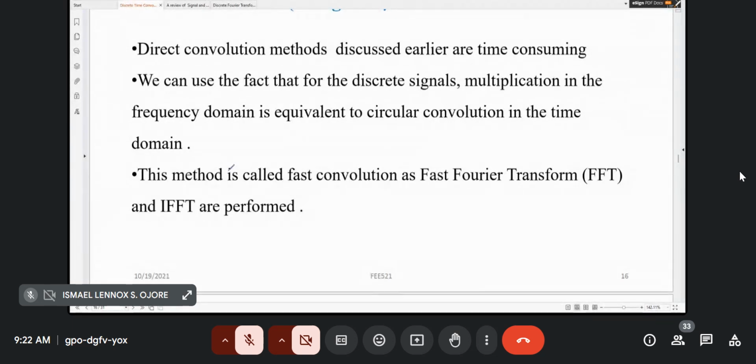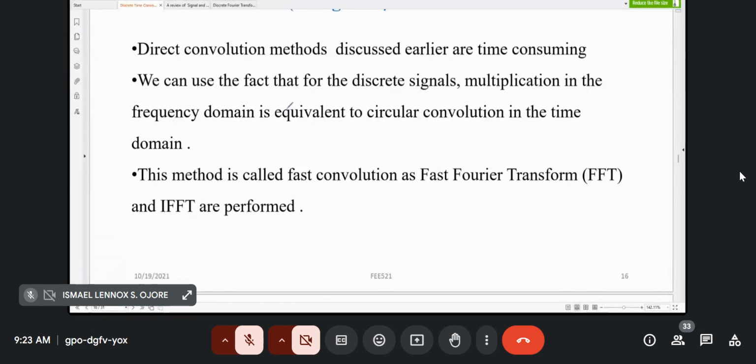A few things happen when you want to do a long convolution. First of all, you need to have that facility in your computing devices for storage, because you have to store the entire long sequence which you want to convolve with the impulse response.